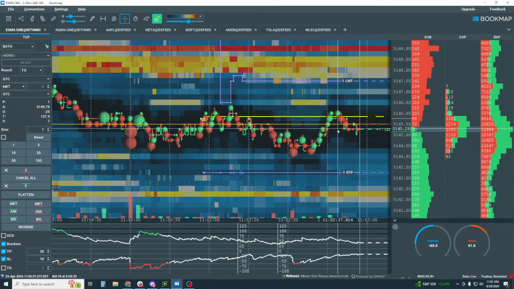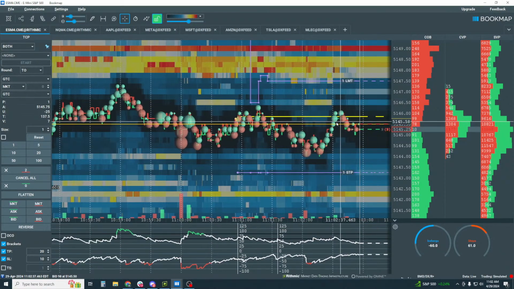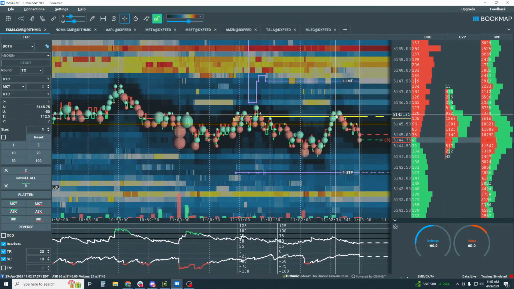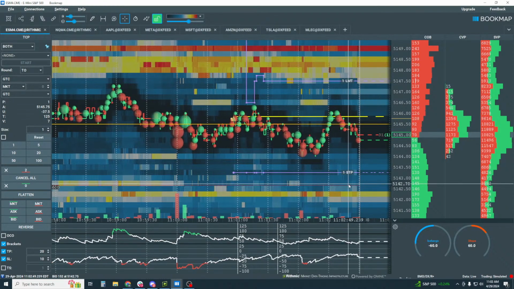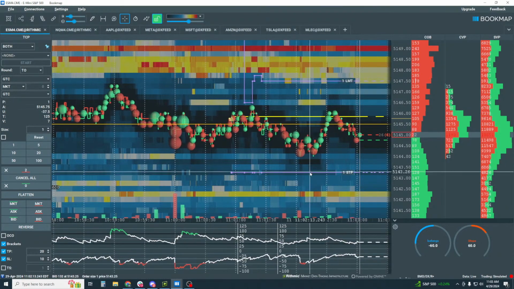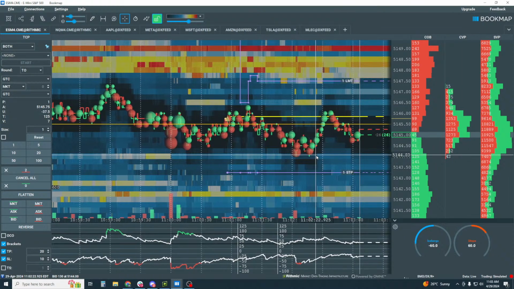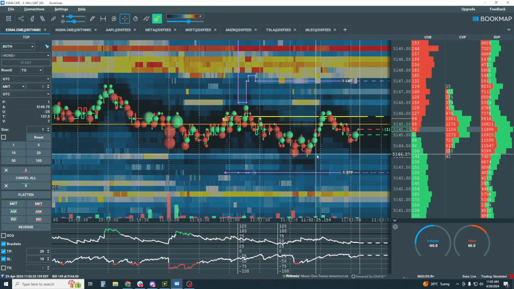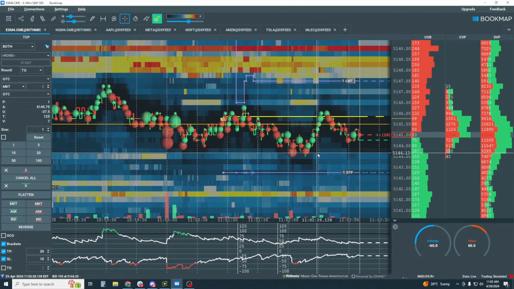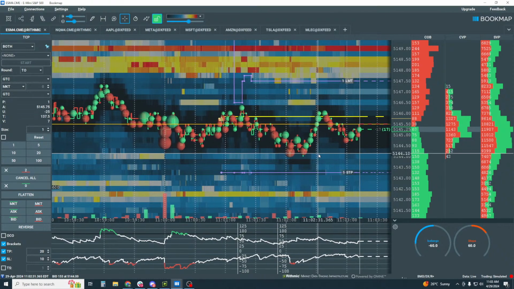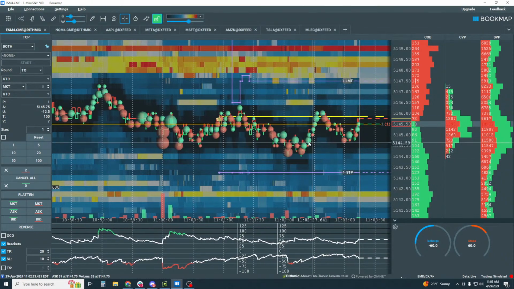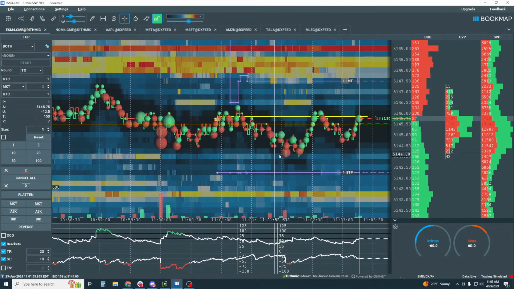I'm still going to hang out here and see if we can get maybe a little bit more up here on the buy side. We're looking for our trap volume in here.